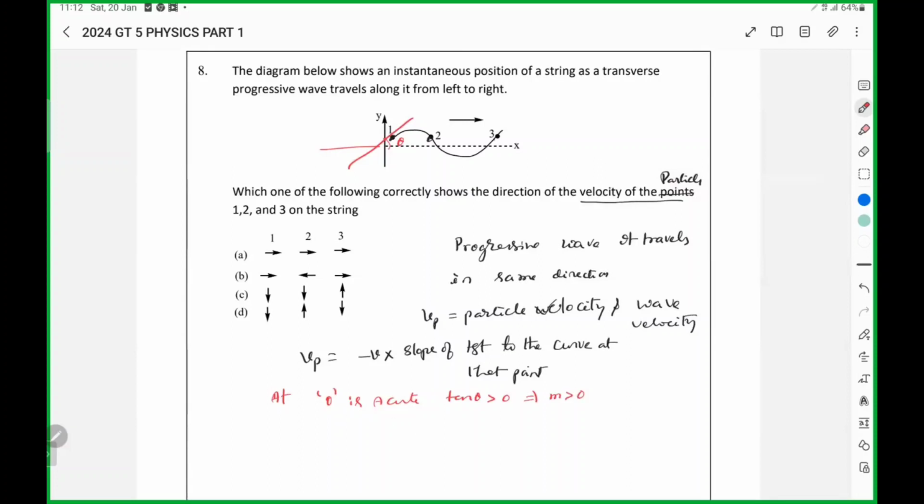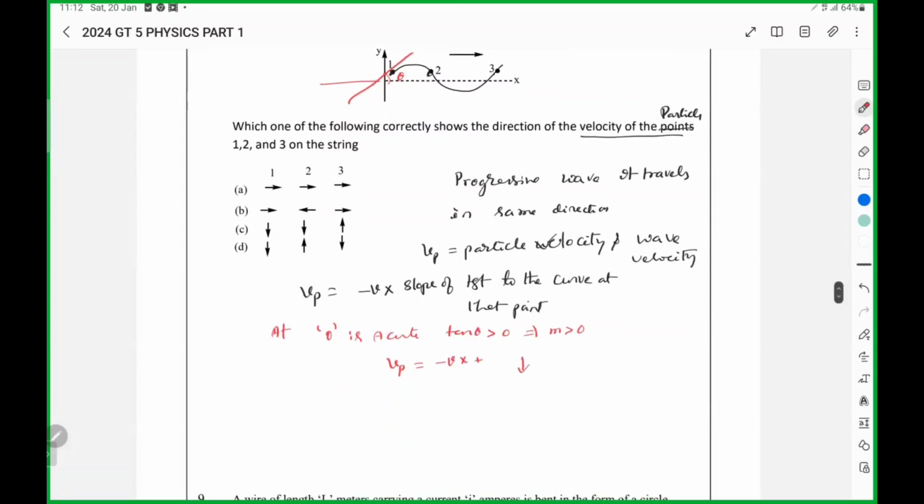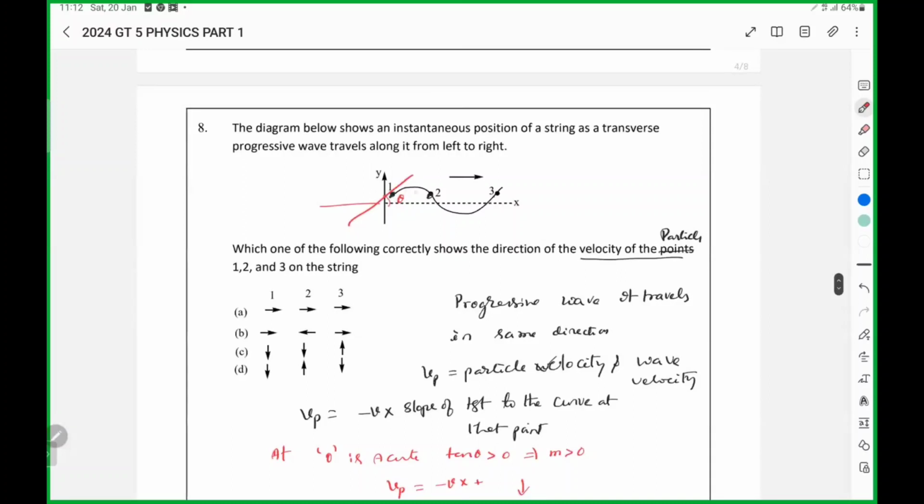So Vp will be minus V into positive. That is, it moves downwards. Each particle executes SHM, either moving upwards or downwards.